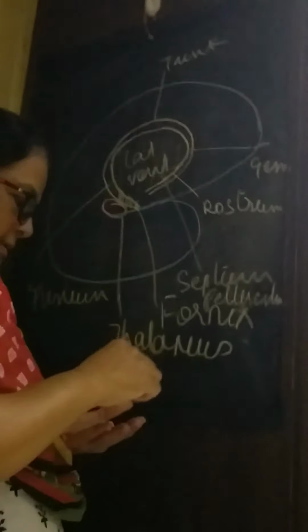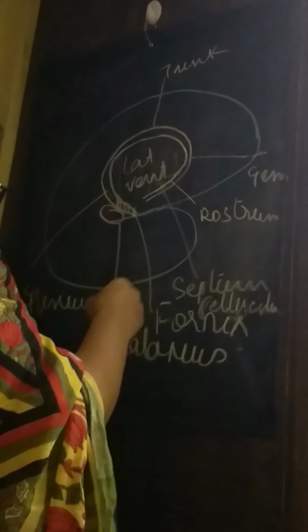Now, surrounding this corpus callosum there is the presence of a sulcus. Now here I am drawing it with red. This sulcus is called the callosal sulcus.